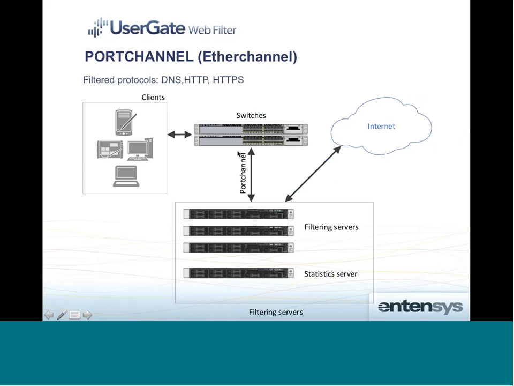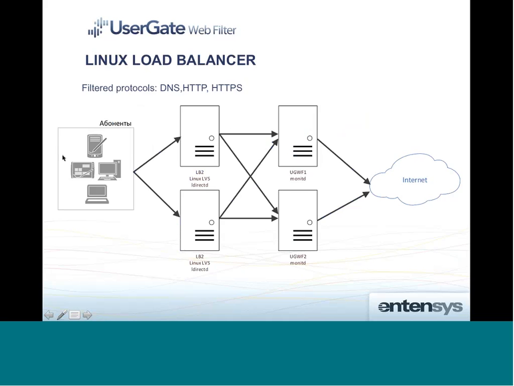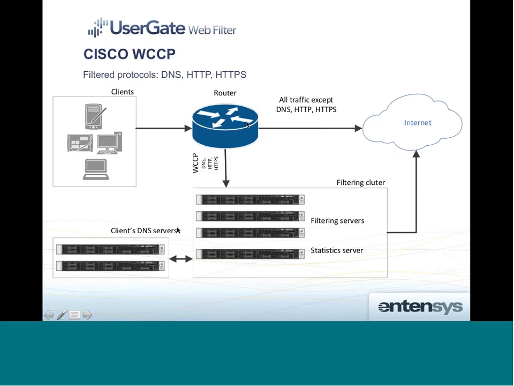Okay, another way to load traffic to the filtering servers, and we use that technology in one of the big Russian ISPs, is a port channel or EtherChannel. The WCCP protocol itself is good because it can do load balancing between filtering servers.